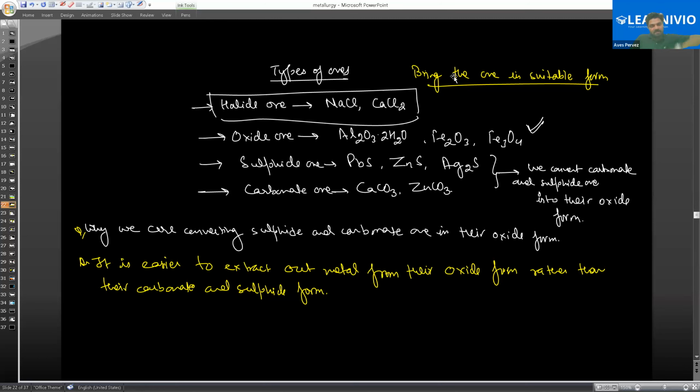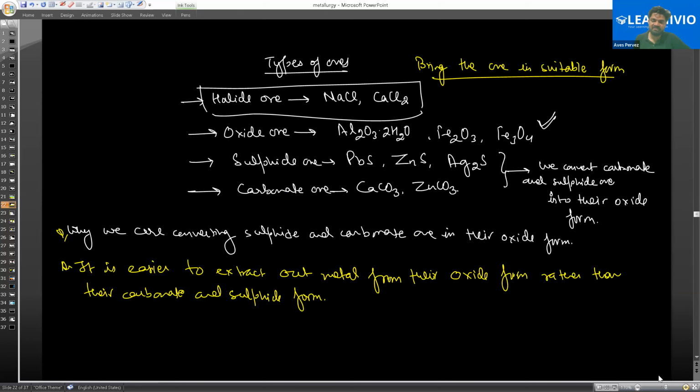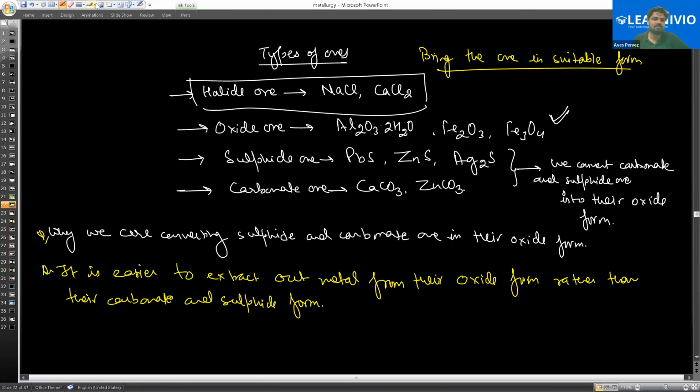Can you tell me why it is easier to extract metal? So note it down that it is easier to extract metal in its oxide form rather than its carbonate and sulfide form.